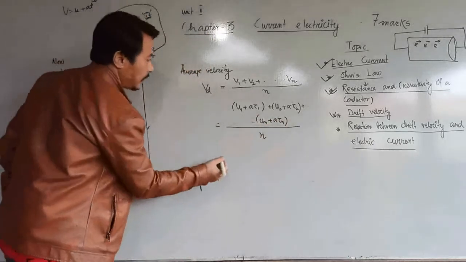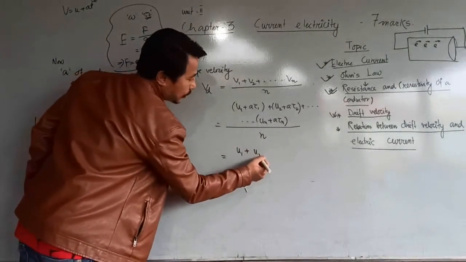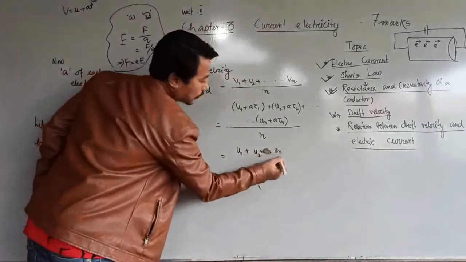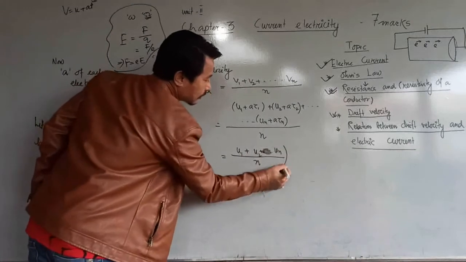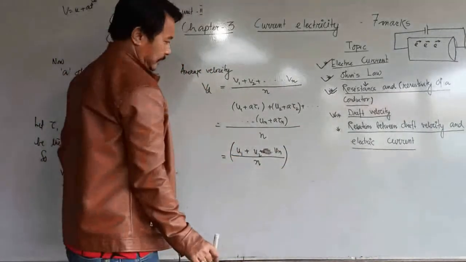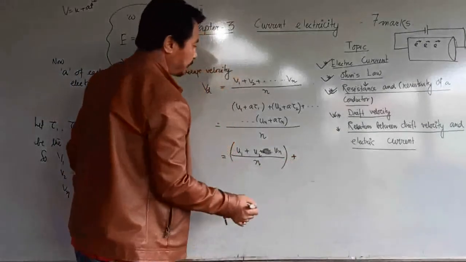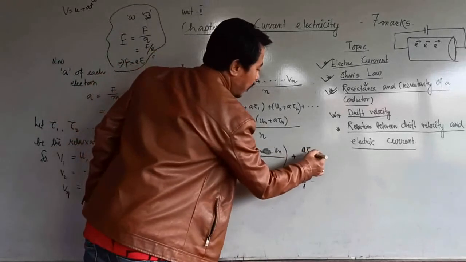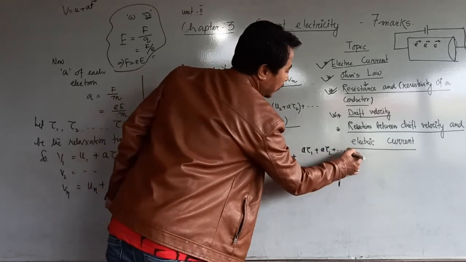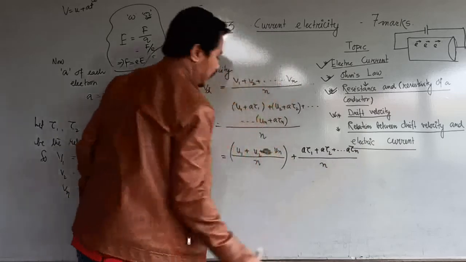So this is u1 plus u2 plus up to un over n, plus a tau 1 plus a tau 2 up to a tau n over n.